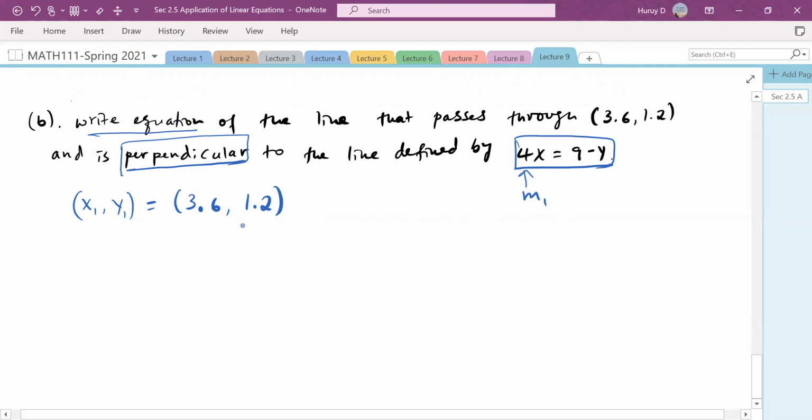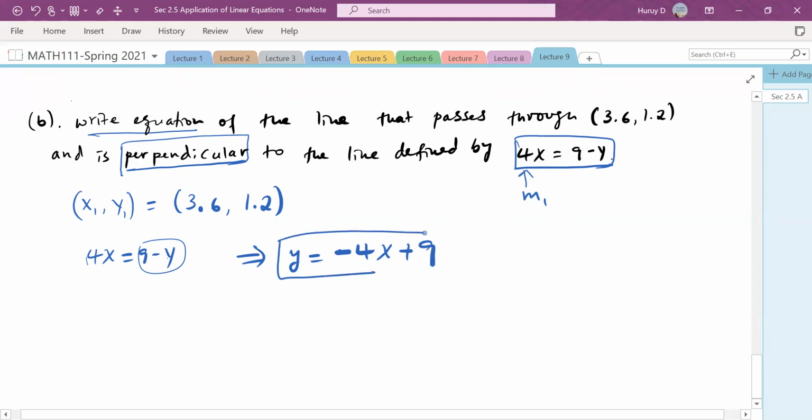Therefore, to find M1, first let's write this one in slope-intercept form. 4x equals 9 minus y. I will move y to the other side and this one to the other side. So y equals negative 4x plus 9.